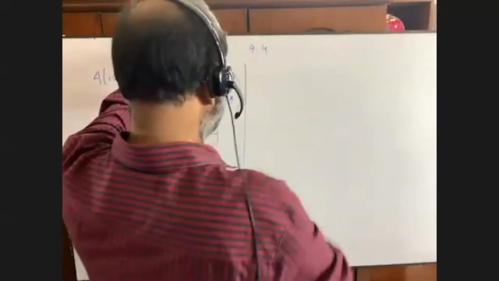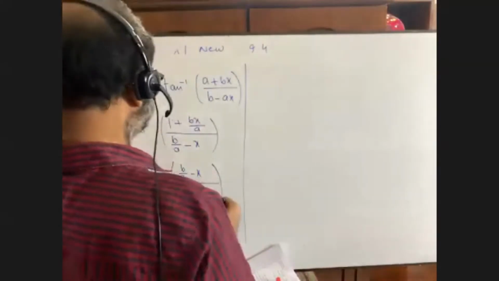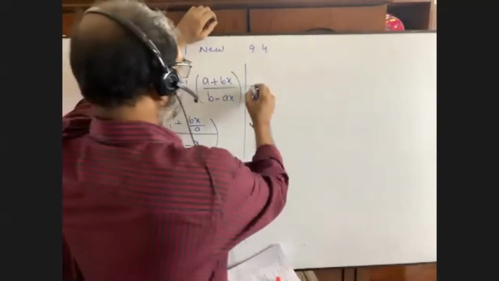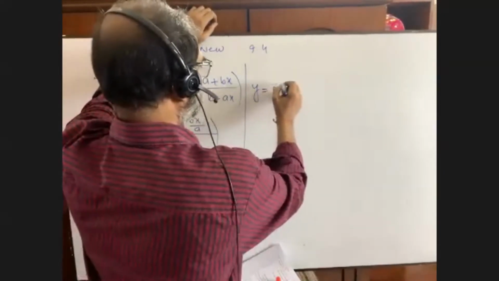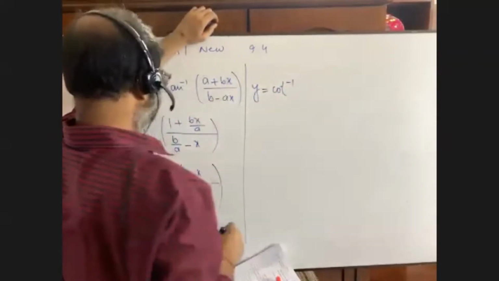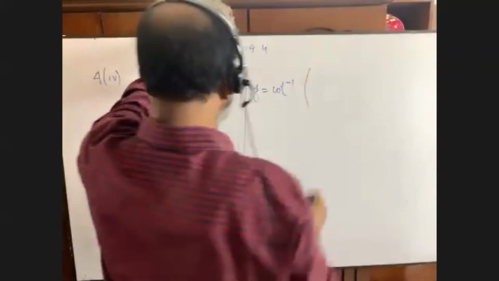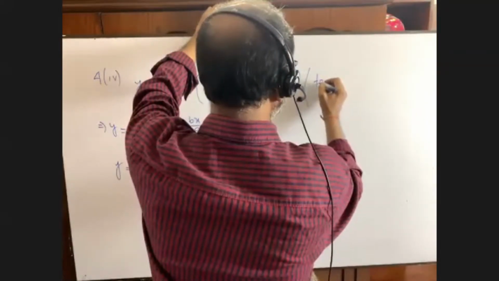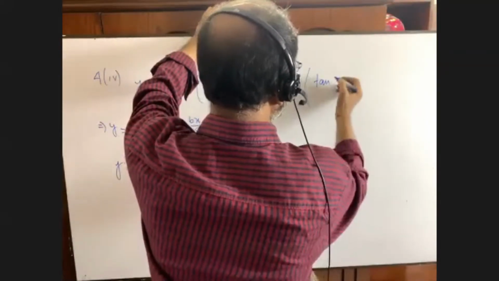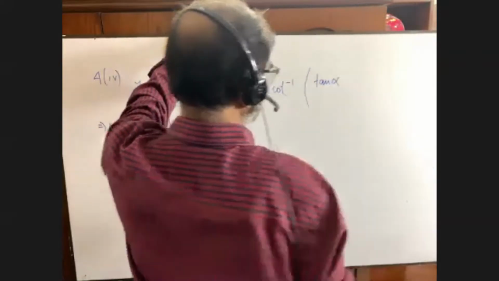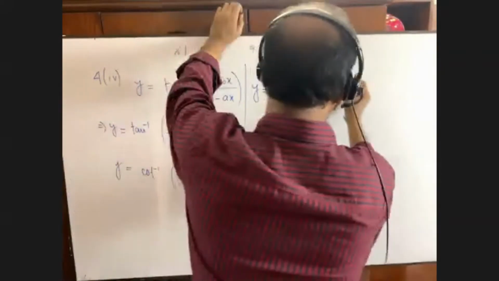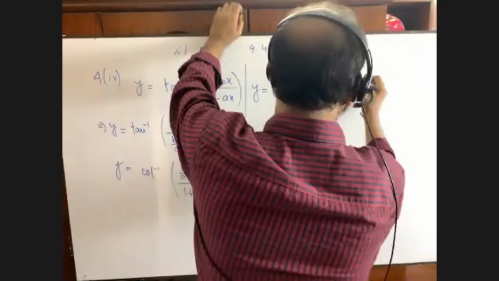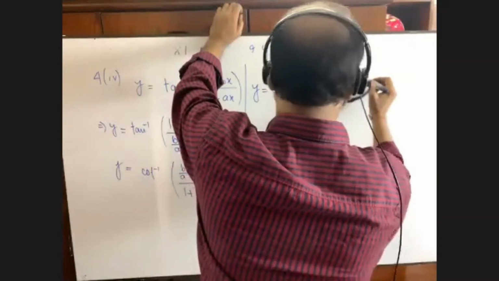You see, y is equal to cot inverse. You write down b by a is equal to tan alpha, and x equals tan theta.